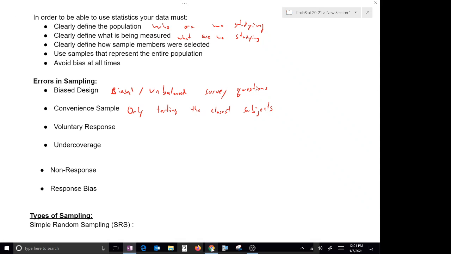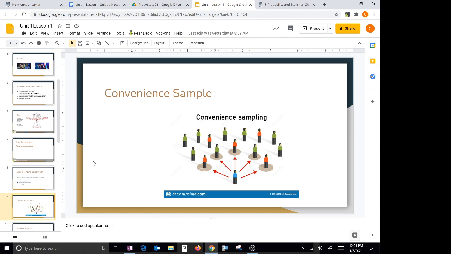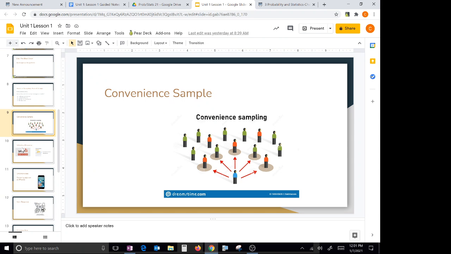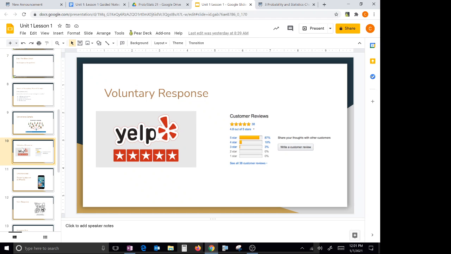All right, voluntary response. So voluntary response would be something like Yelp or a customer review on Amazon. You basically put something out there and you're just hoping that people will respond, but it's completely voluntary.